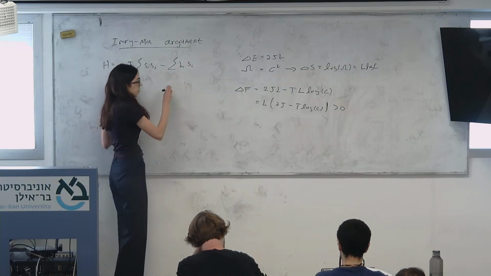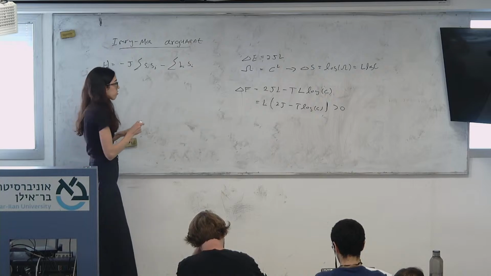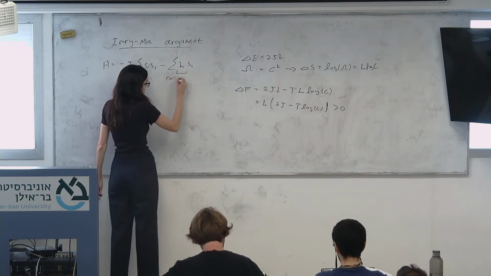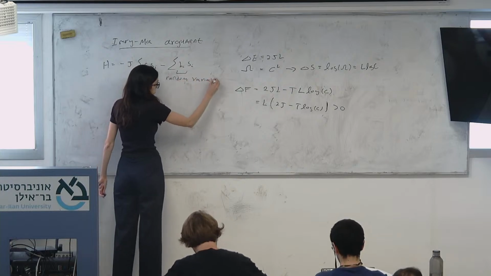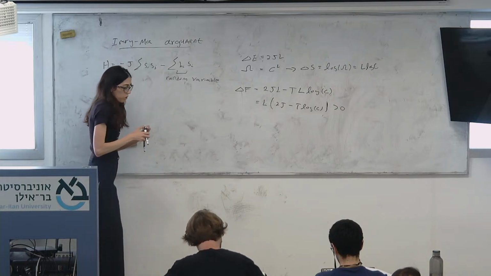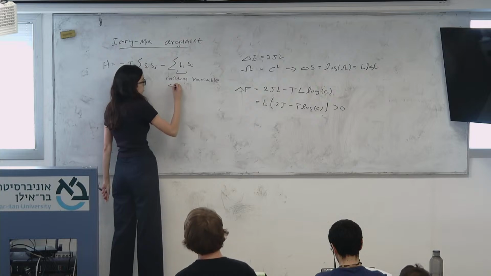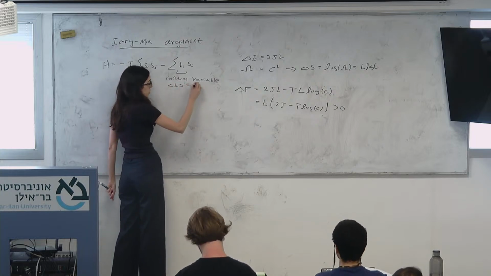So h_i is a random variable that's taken from some distribution, where the mean value of the field equals 0.